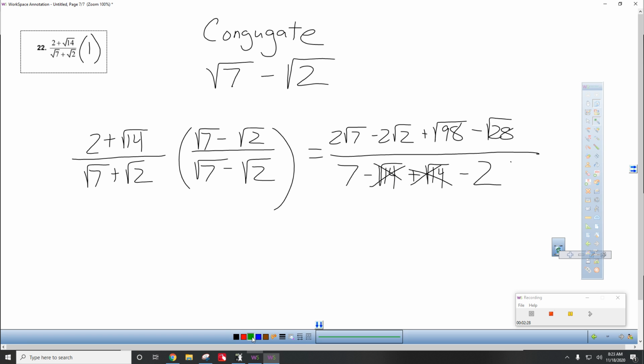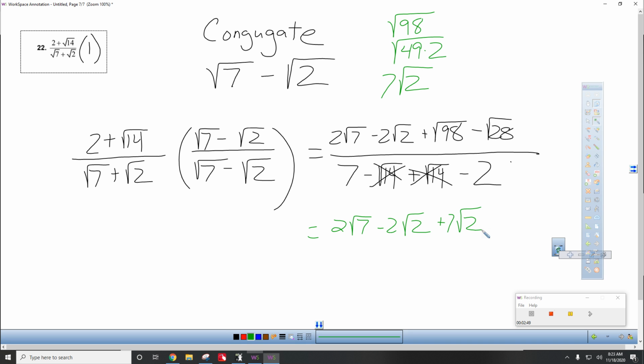All right, let's start simplifying things. 2 radical 7, simplified. Minus 2 radical 2, simplified. Radical 98 is radical 49 times 2, so that's 7 radical 2. Oh, nice, we got some like terms here.